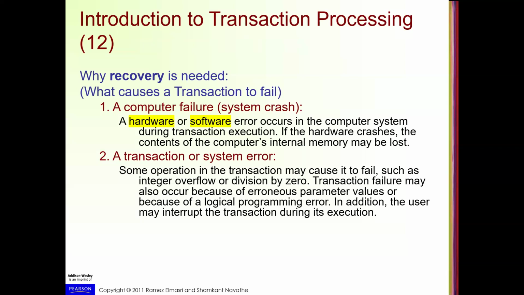Transaction failure may also occur because of erroneous parameter values or because of a logical programming error. In addition, the user may interrupt the transaction during the execution. For example, you are trying to buy something from Amazon, and while the processing is going on to connect to the bank, read your card and take out money from it, you suddenly decide that you don't want to pay for it as of now, and then you click on the escape button.